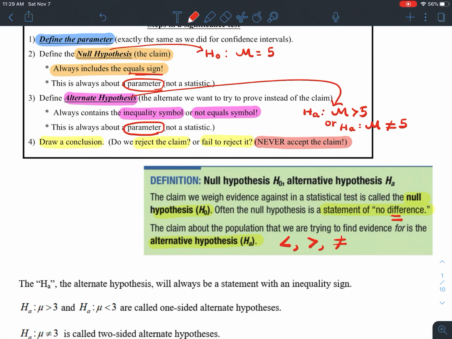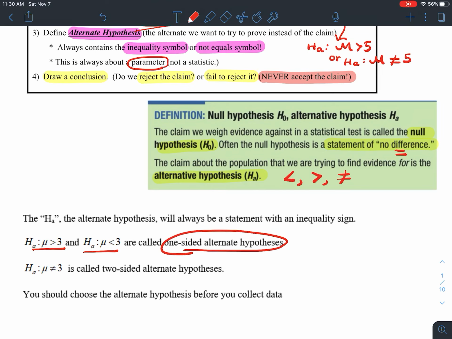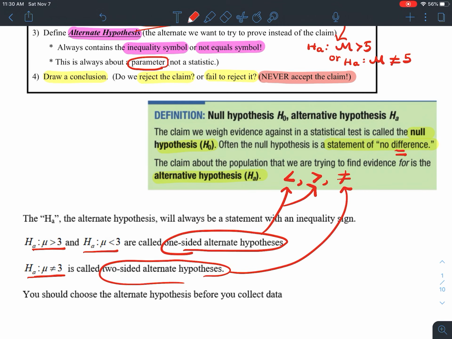If the alternative hypothesis is a less than or a greater than, we call that a one-sided alternative hypothesis. If the alternative hypothesis is a does not equal to, then we call that a two-sided hypothesis.